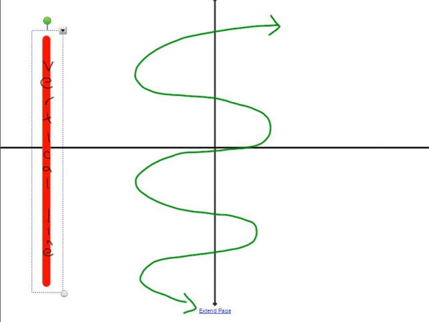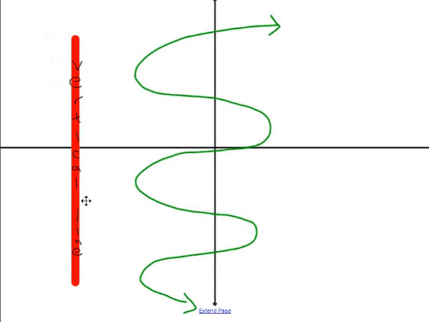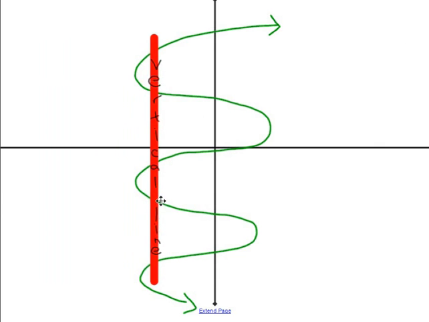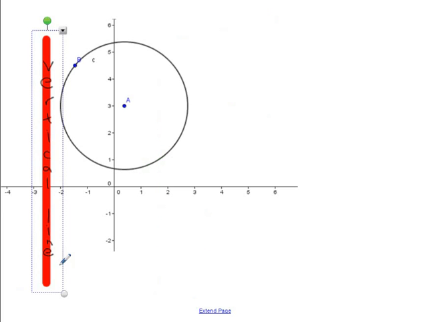But for this one, at the side of the cross, the vertical line is touched multiple times. 1, 2, 3, 4, 5 times. So it is definitely not a function. Continue on.